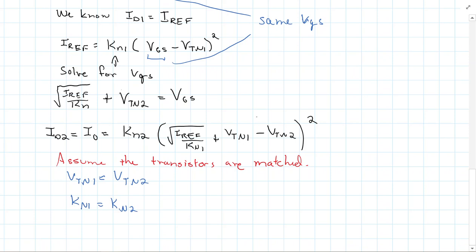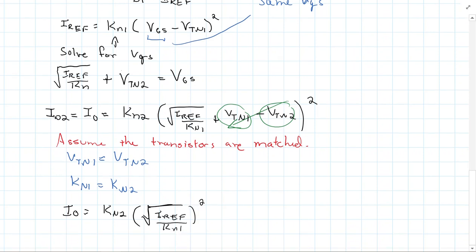And what do we get here? Well, sorry, I just lost myself. We have these two things that are going to cancel each other out. So we're going to be left with I out equaling Kn2 times the square root of Iref over Kn1, quantity squared.